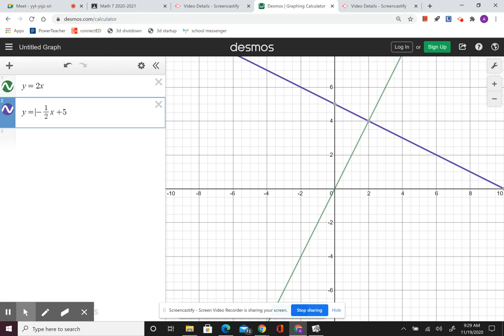How are we going to talk about them? The two things you want to talk about are y-intercepts and slopes. So we can see that the slopes of those lines are perpendicular. They're opposite reciprocals. So the lines are perpendicular. One has a y-intercept of 0. The other one has a y-intercept of 5. They both go through the point 2, 4.